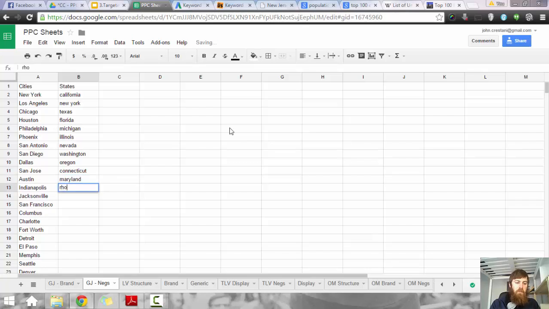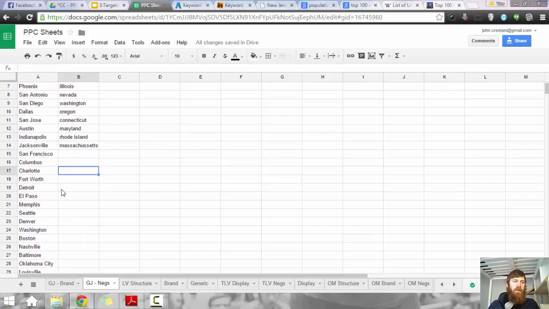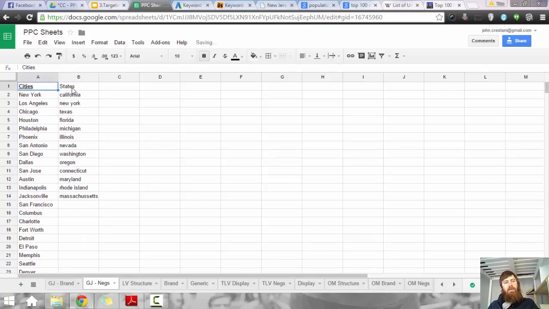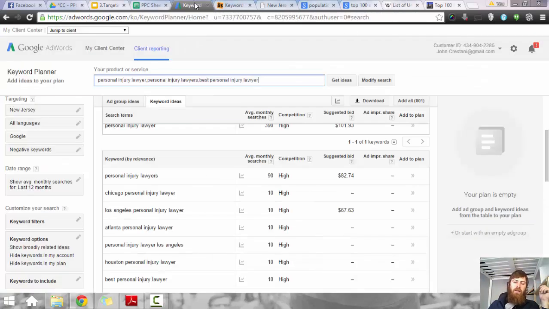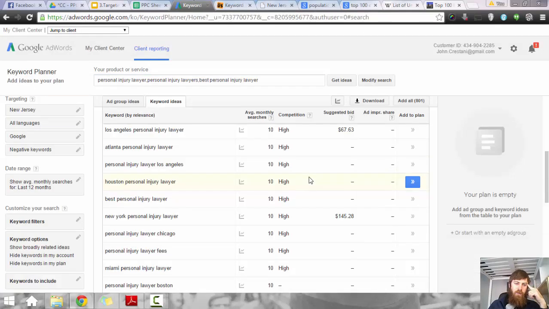Maryland, Rhode Island. What are some other, Massachusetts. That should comprise some of the bigger areas. So now we have a lot of negatives, which is pretty cool. There are ways you can get rid of this in the settings, the cities and states, but we're going to go with this for now.